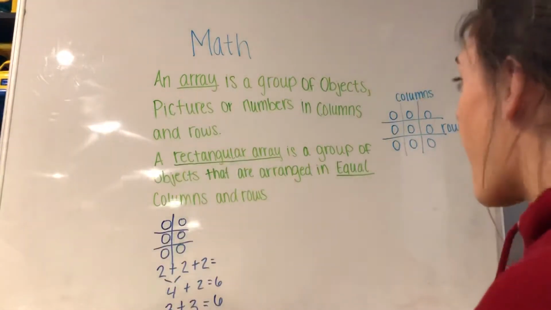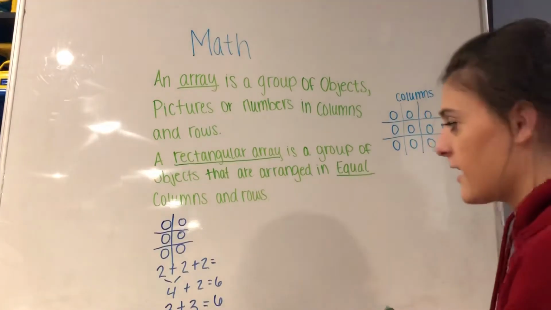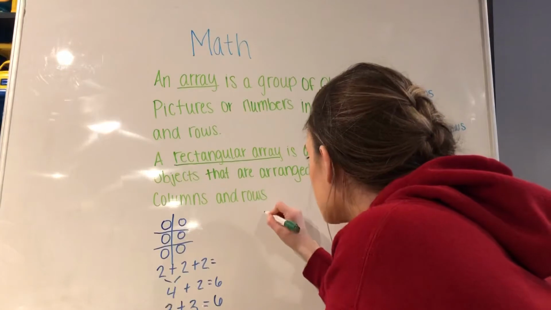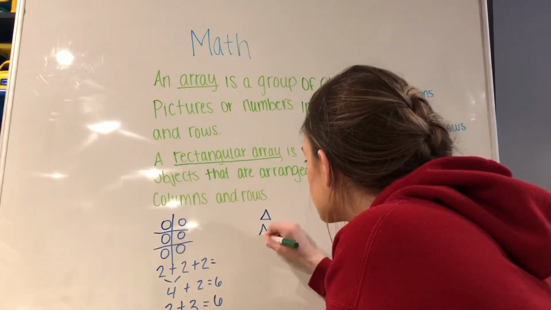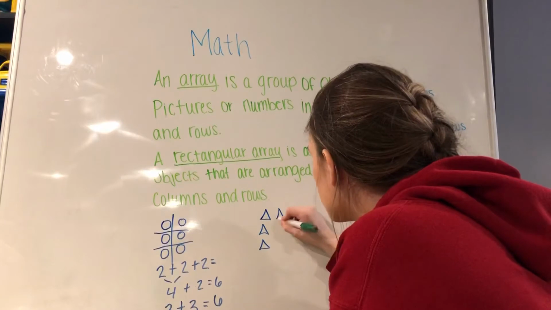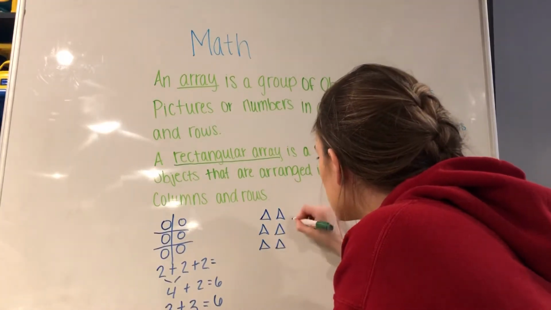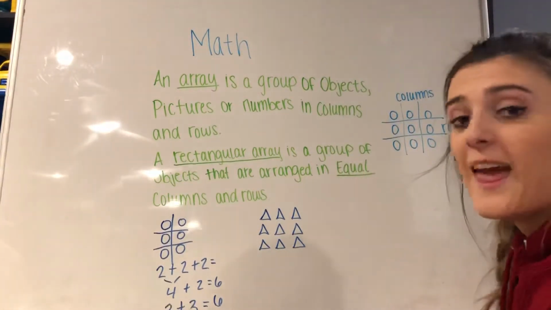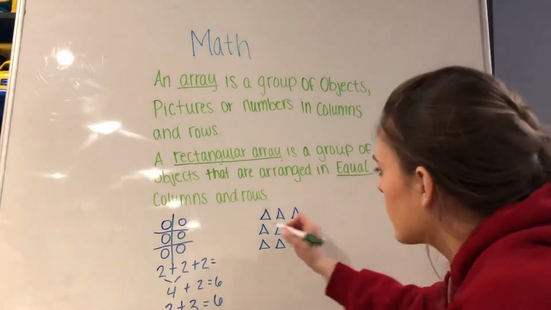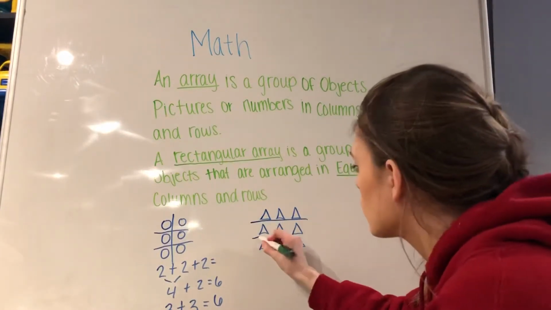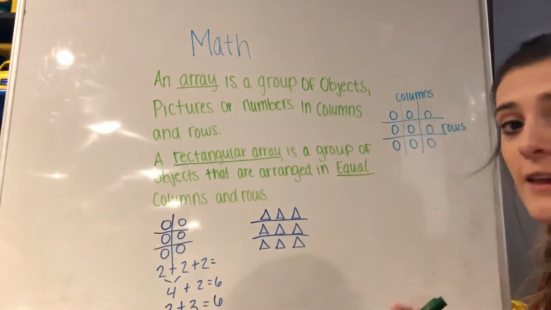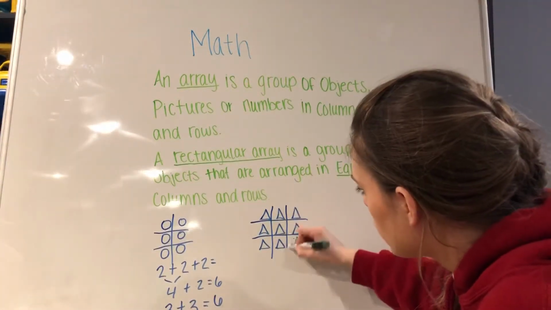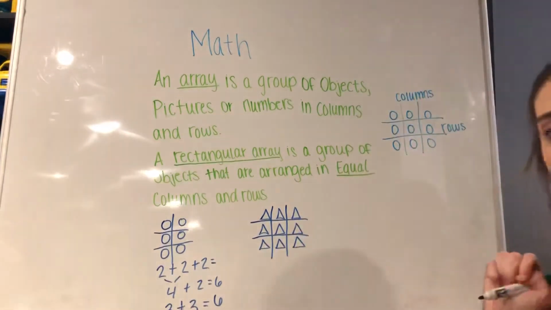We could also have an array, a rectangular array that looks like this. We could have triangles, and we have 1, 2, 3 rows, and we have 1, 2, 3 columns.